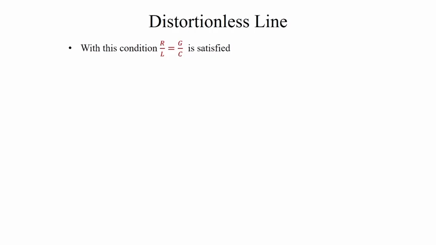With the condition R by L equal to G by C satisfied, let us see what happens to the characteristic impedance Z0 of the line.